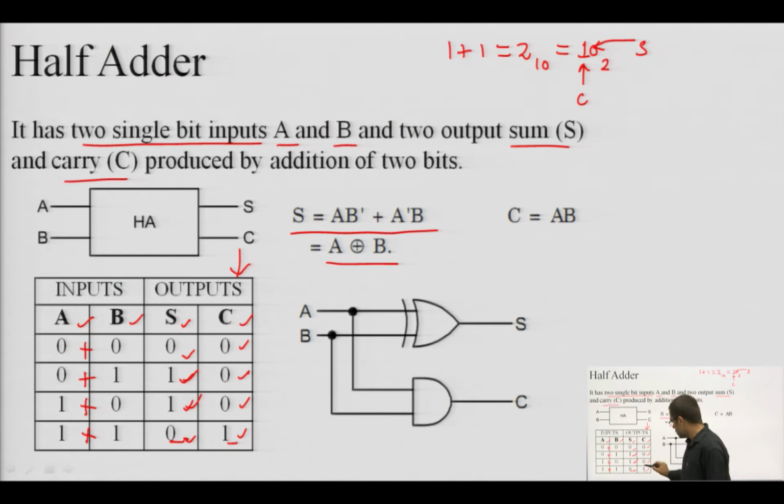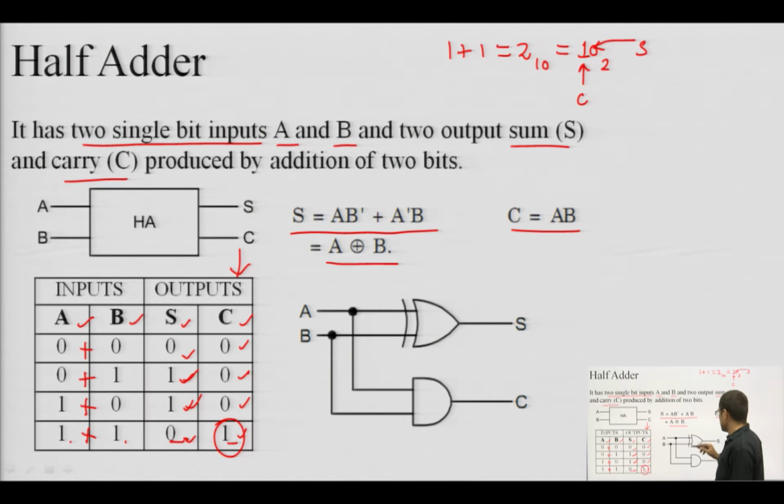We can see that there is a single one here which corresponds to A and B, that is C is equal to A dot B, or we can relate this column with the truth table of an AND gate, from which we get the expression that the output is the product of the inputs. So, C is equal to A dot B is the expression for carry.